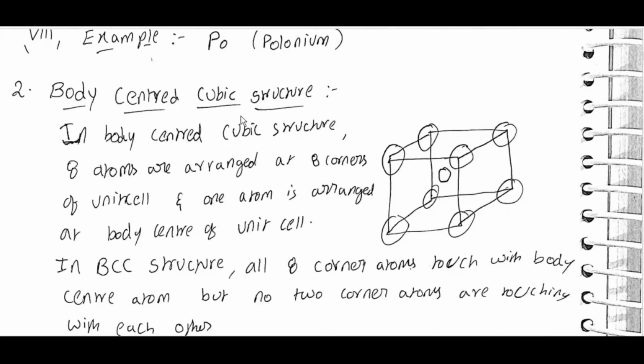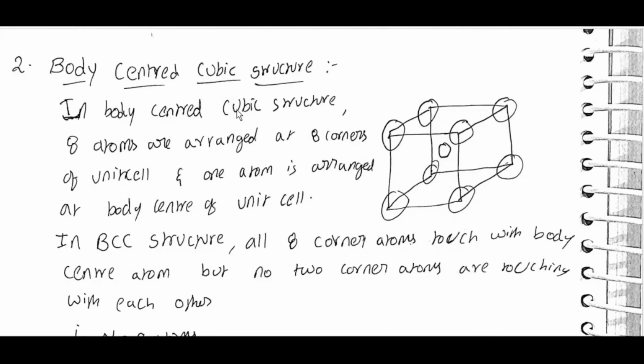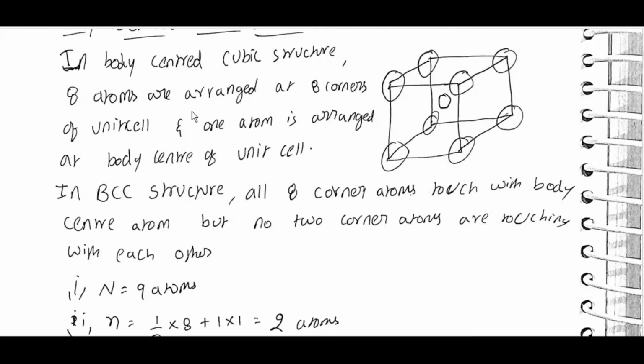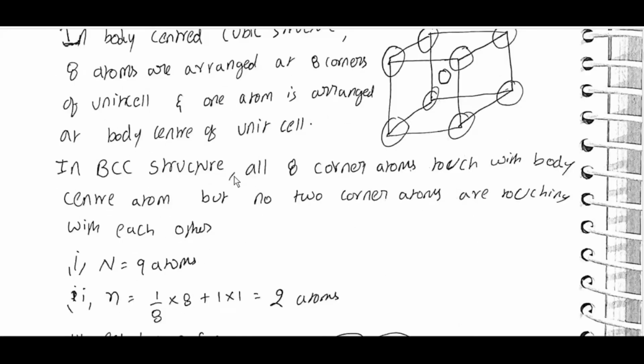Body centered cubic structure. In body centered cubic structure, 8 atoms are arranged at 8 corners of the unit cell, and one atom is arranged at the body center of the unit cell. In BCC structure, all 8 corner atoms touch the body center atom, but no two corner atoms are touching each other.